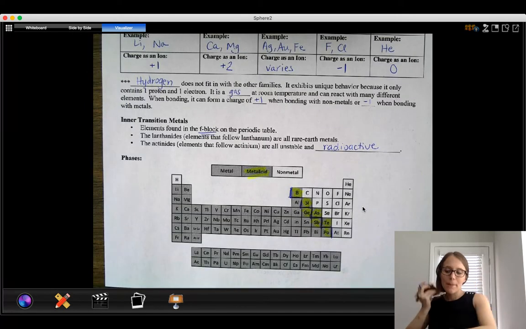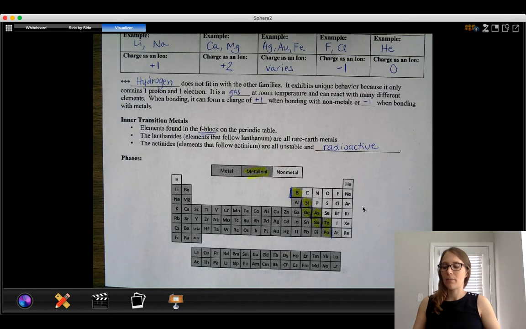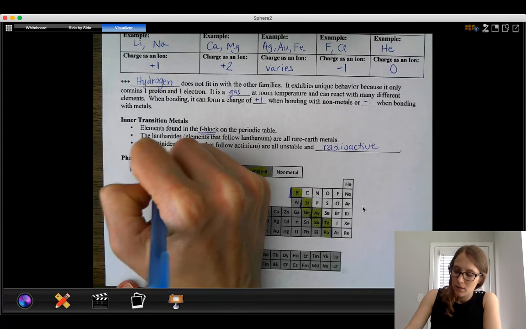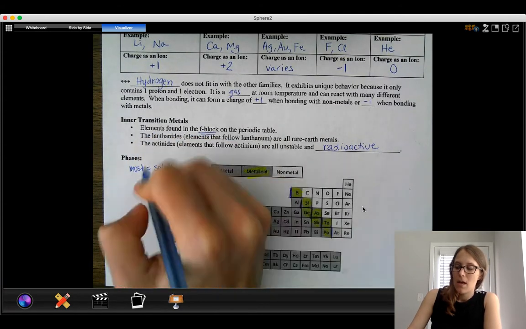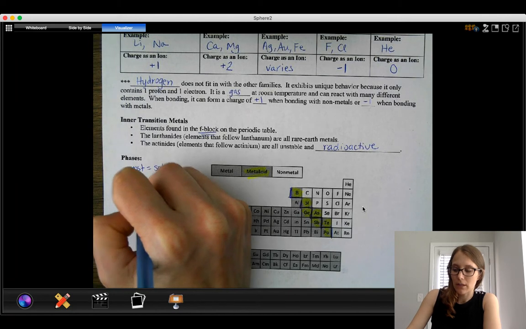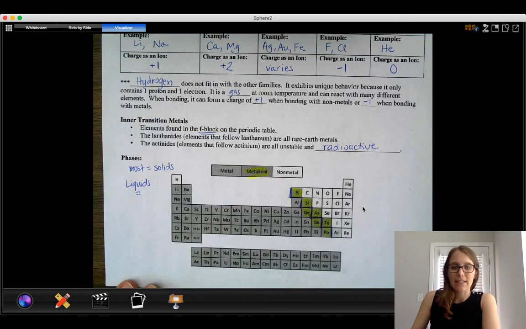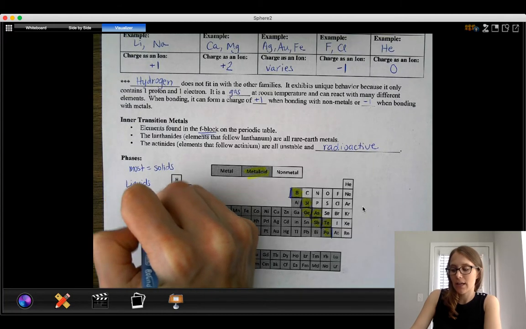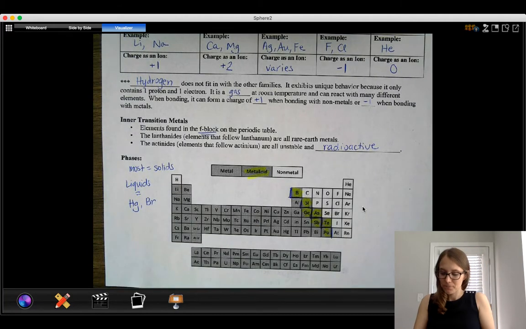Okay. There's a note on here about phases. So what phase different elements are in at room temperature. So most are solids. There's a couple that are liquids. And that's actually only 2 elements on the whole periodic table, which is mercury and bromine.